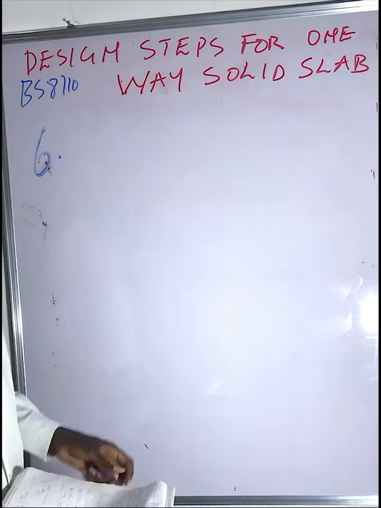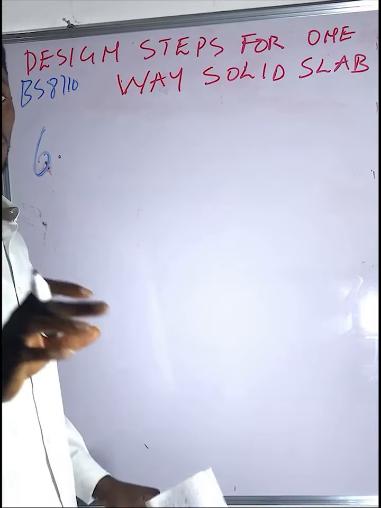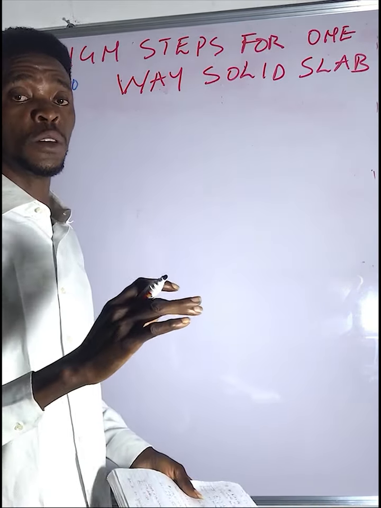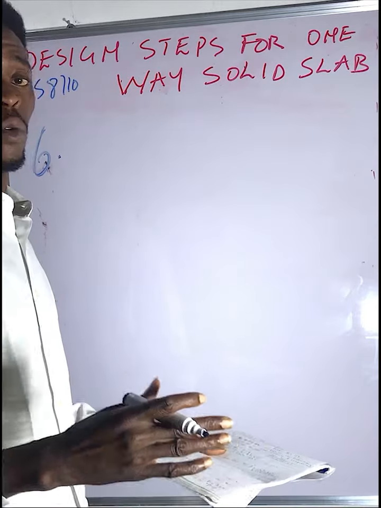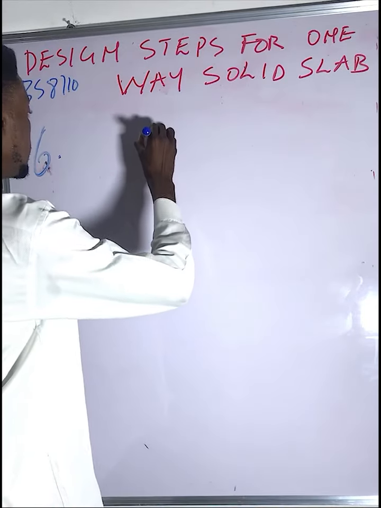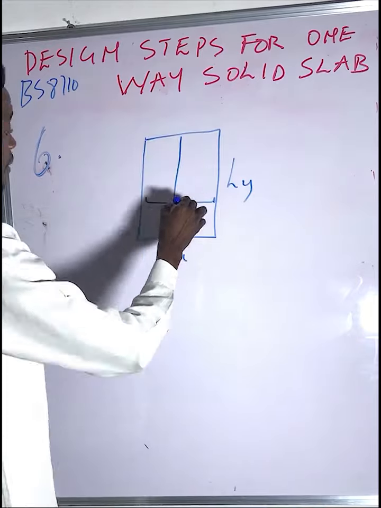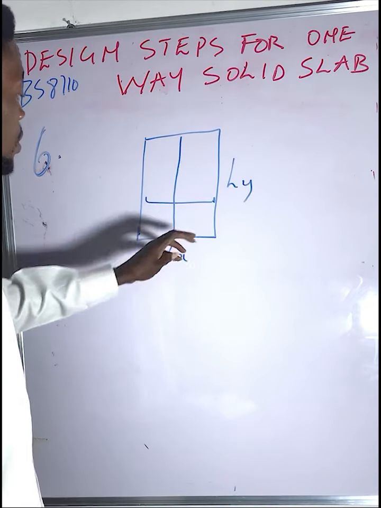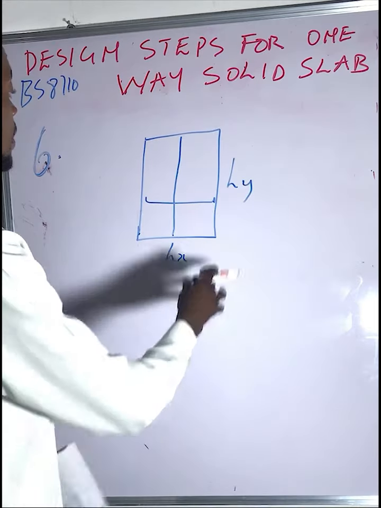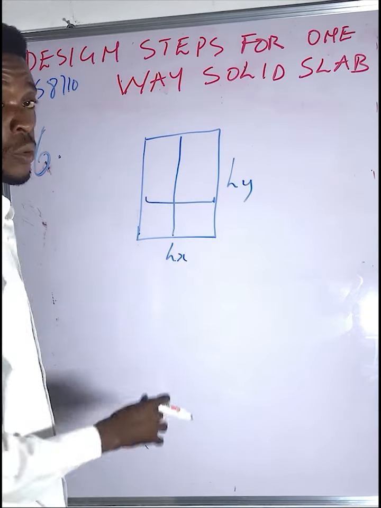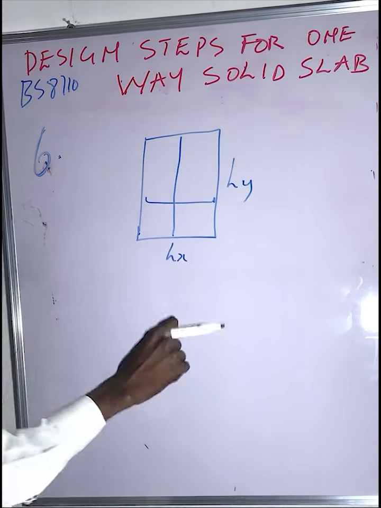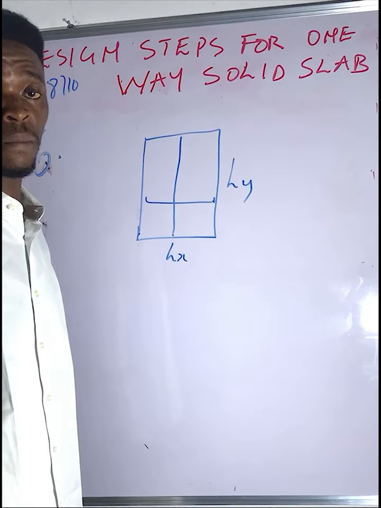Step 6. Your distribution bars. For a one-way slab, note, you only design for one way, which is the shorter span. Then this your LY will now be your distribution bar. To get your distribution bar is the minimum reinforcement of slab.